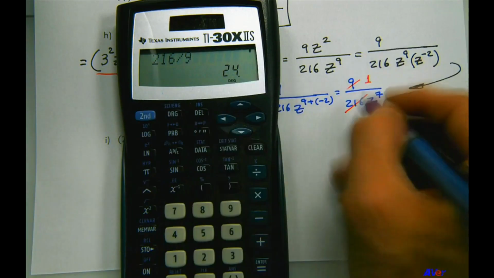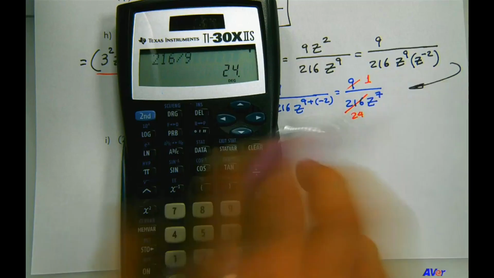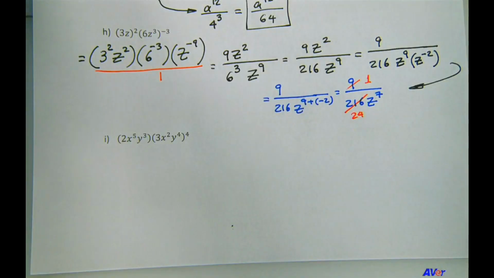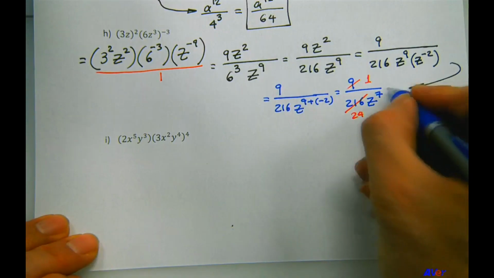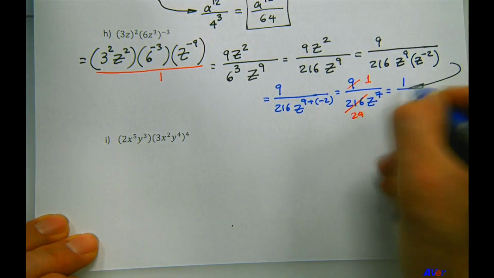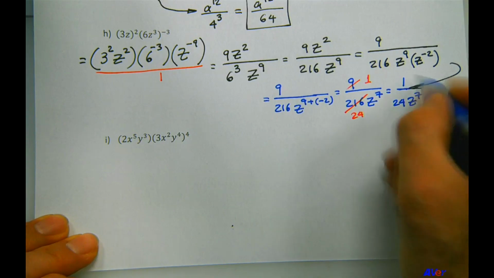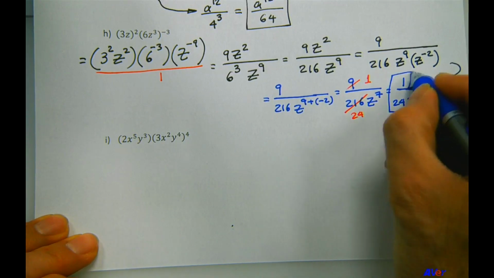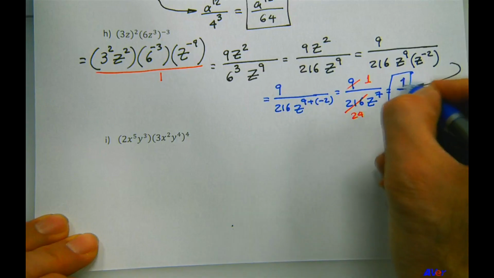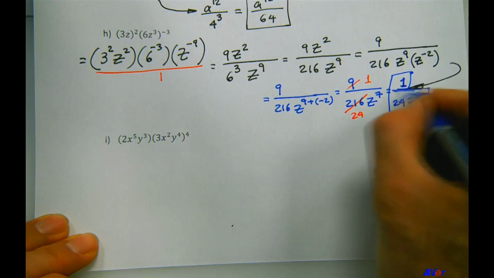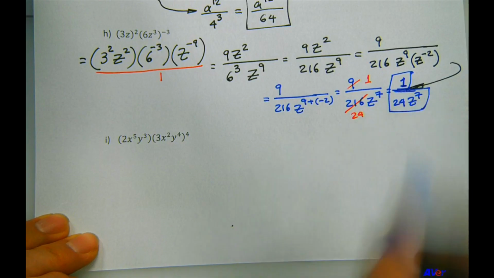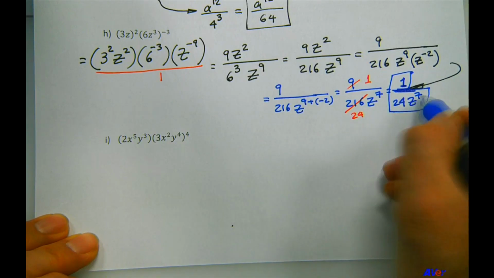So the final answer for this case is 1 over 24 z to the 7th, like that. That's a 1. 1 divided by 24 times z to the 7.